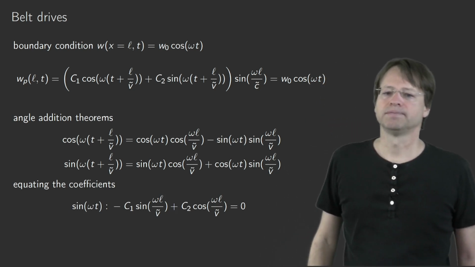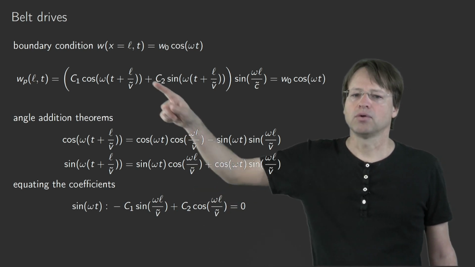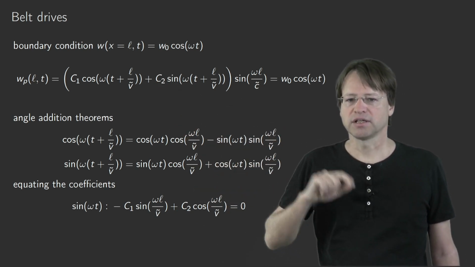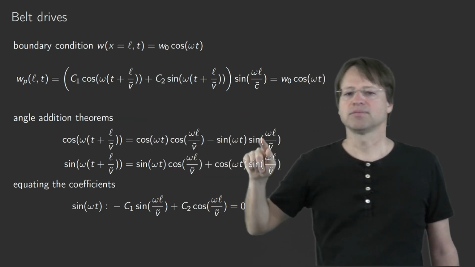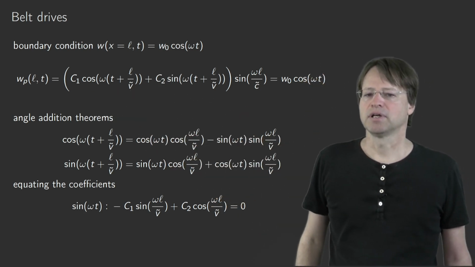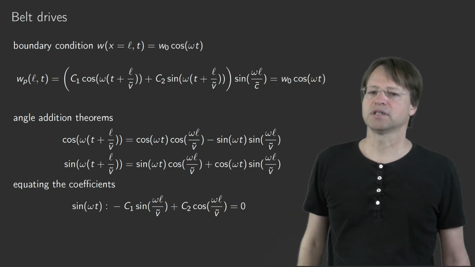Let's look at this. For the sine omega t, you find the contribution from the cosine function, the second entry, with a negative sign, minus c1 sine omega L divided by v tilde.